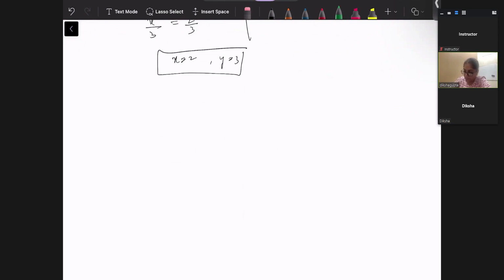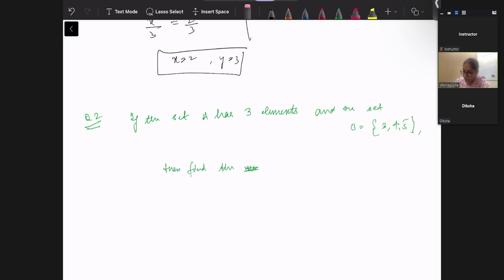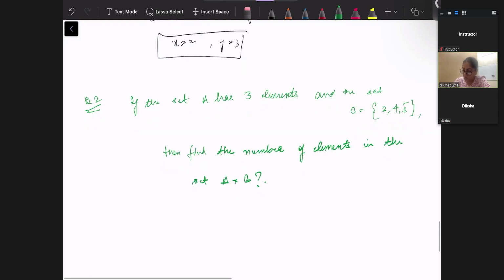Second, on counting the number of elements: if the set A has three elements and the set B equals {3, 4, 5}, then find the number of elements in the set A cross B. So what will that be?